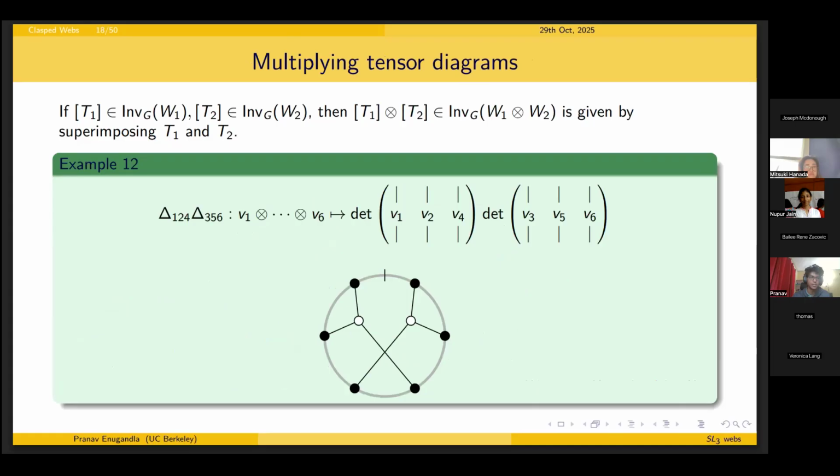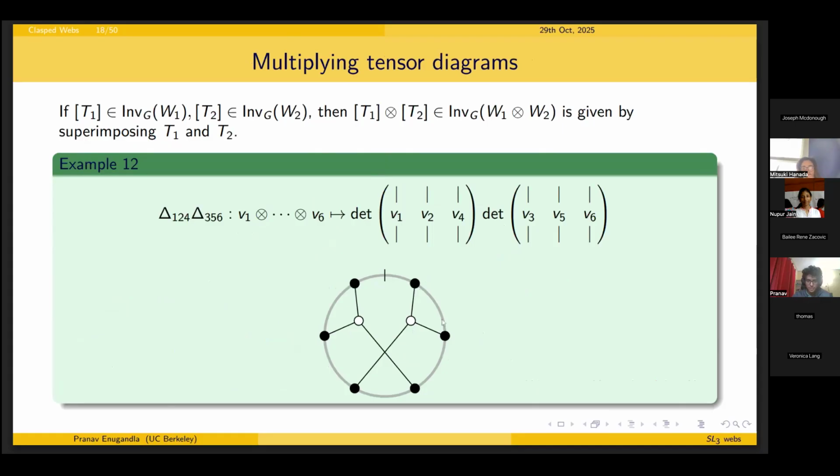And the other operation you can do with invariants is you can multiply invariants, or tensor invariants, and what that looks like on the level of graphs is just superimposing one graph on top of the other. So what is this example saying? I didn't label my vertices, but I should start at the top right, call that one, and go clockwise.